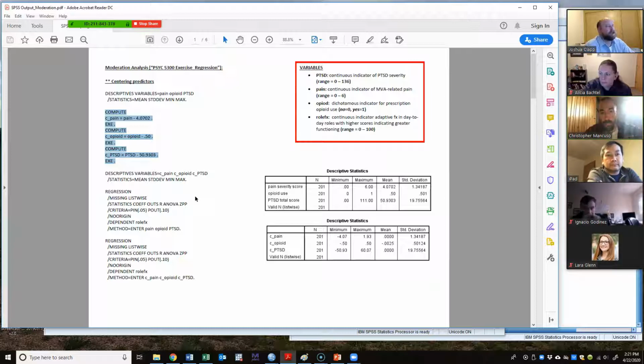Yeah, it's interpretive things, right? And so when I center a variable, what's the mean of that variable? It is 0. Does the standard deviation change? No, the standard deviation doesn't change, and the distribution doesn't change at all. Yeah, it just makes 0 the mean, right?